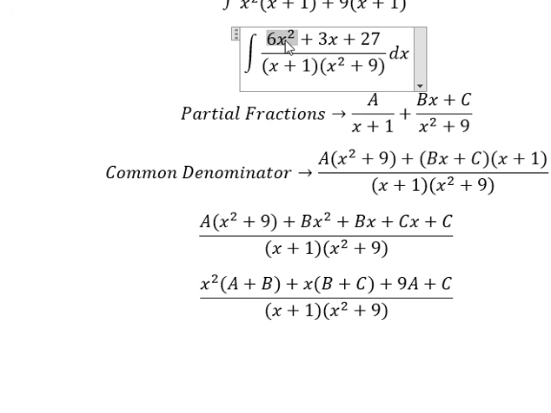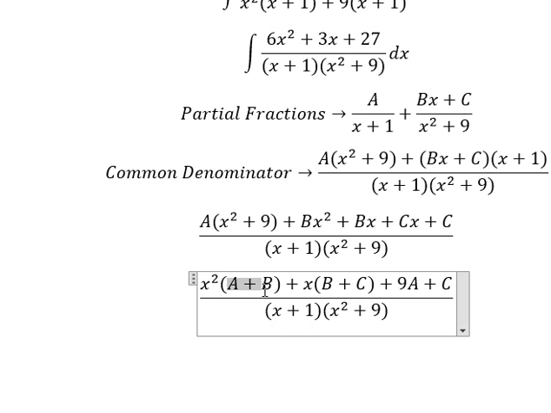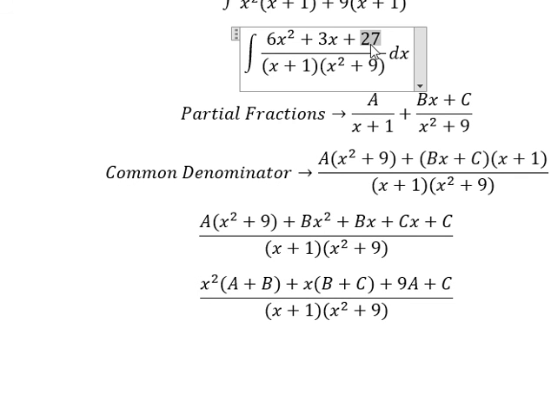About 6s squared, we have number 6. So a plus b equals number 6. About s, we have b plus c equals number 3. About the number, 9a plus c equals 27.